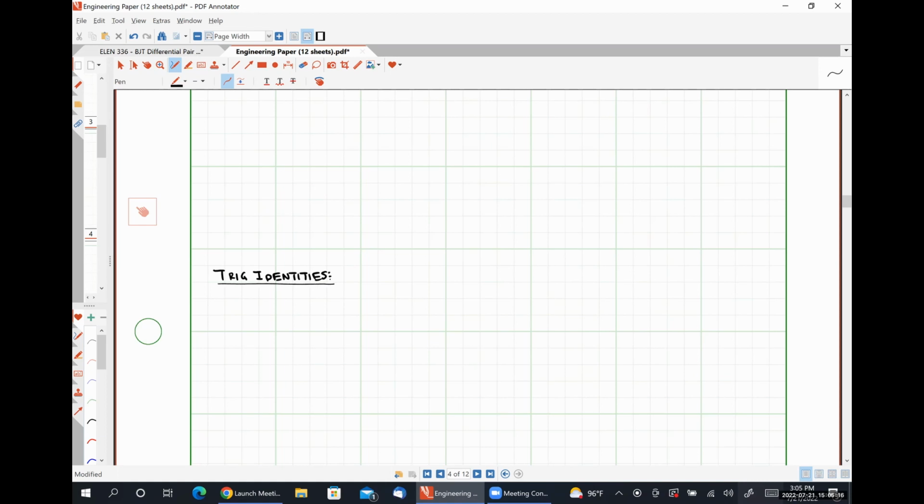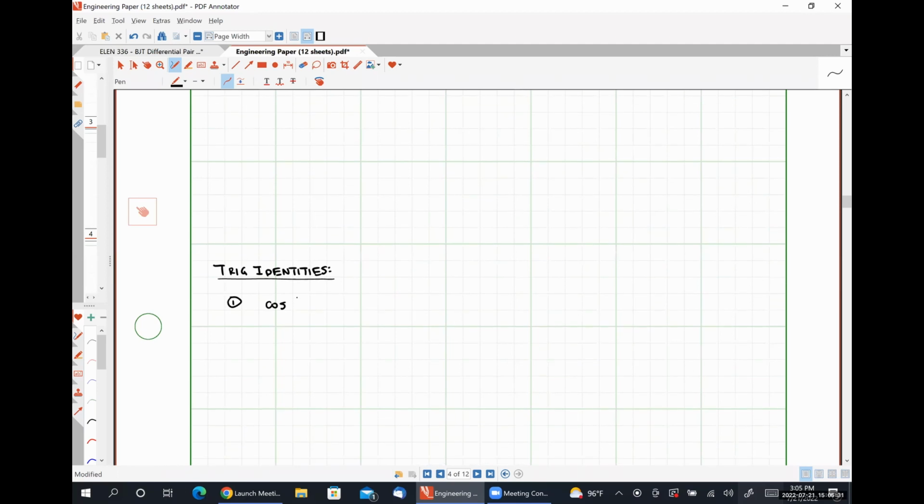So our first trig identity, number one, is that cosine of x is equal to the sine of x plus 90 degrees.